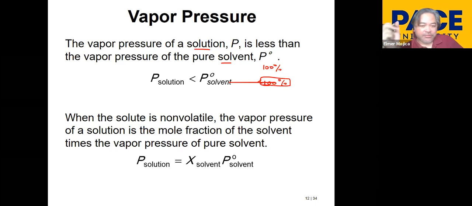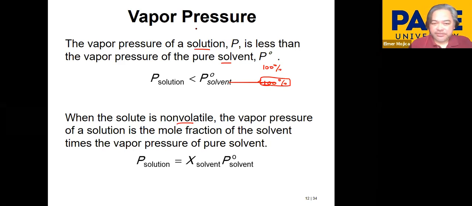When the solute is non-volatile, the vapor pressure of a solution is the mole fraction of the solvent times the vapor pressure of the pure solvent. Here we use the unit mole fraction. If you have a pure solvent, what is the mole fraction equal to?